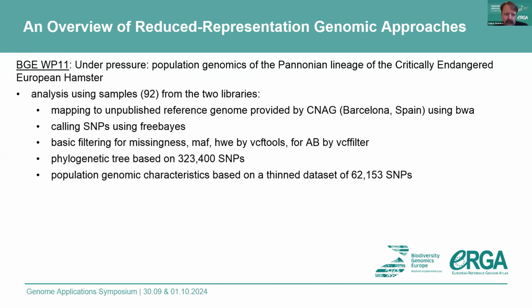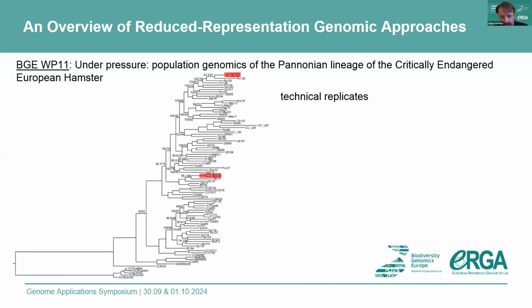Altogether, we analyzed 92 samples from 2 libraries. This time I managed to use the reference genome, which is under construction in Spain. And without going into the details, we had quite a lot of SNPs that we could analyze for this work.